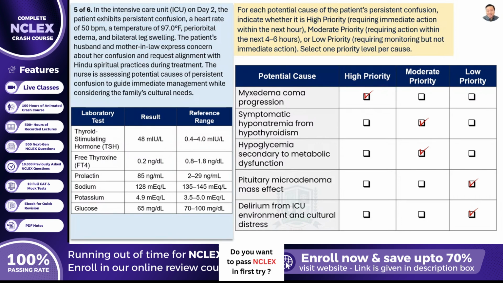Now, we can put this as a moderate or high priority when she becomes agitated, or if she tries to pull out IV lines, then that's a totally different story. Or if the distress will worsen all the more, which can cause worsening of her condition, then that's the time we're going to escalate the priority for this potential cause.